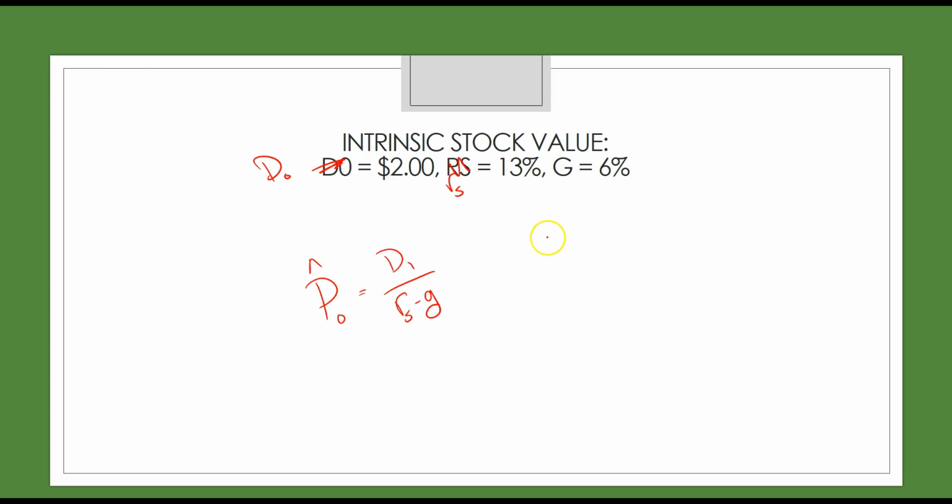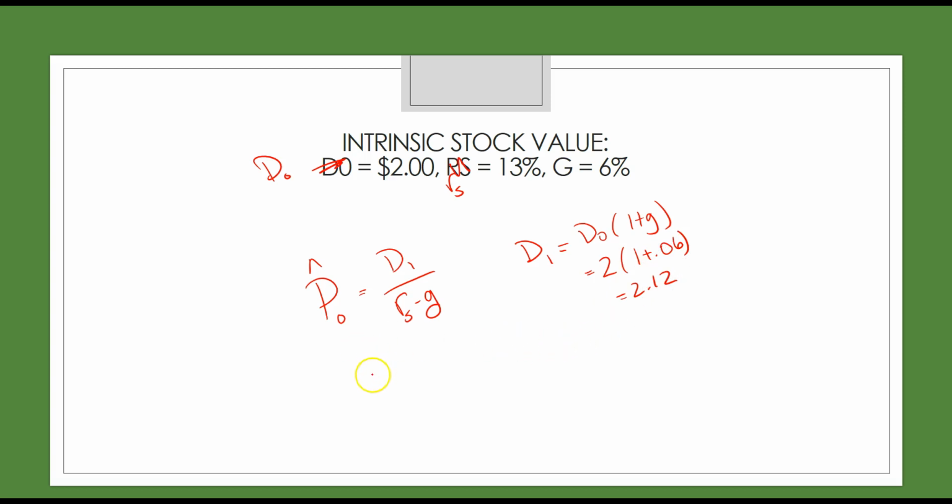Here we're given D naught. So we first have to calculate our next dividend. D1, our next dividend, would be equal to the last dividend paid times 1 plus the growth rate. So that's $2 times 1 plus 6% to give us $2.12.